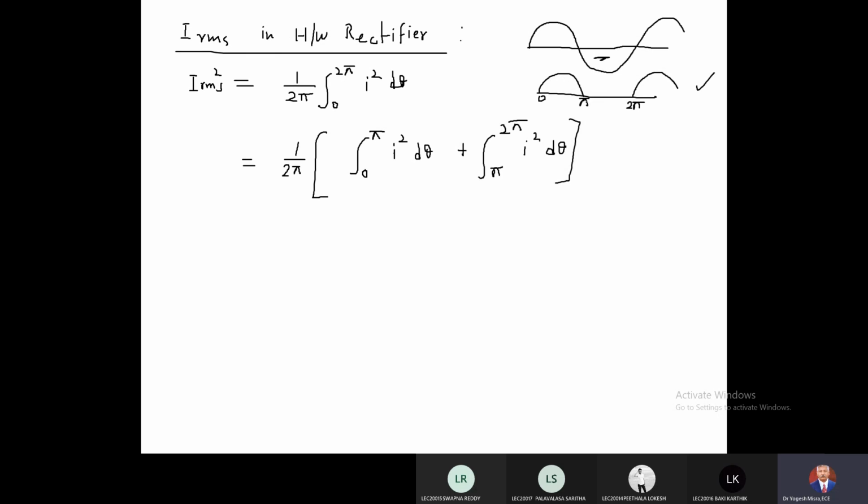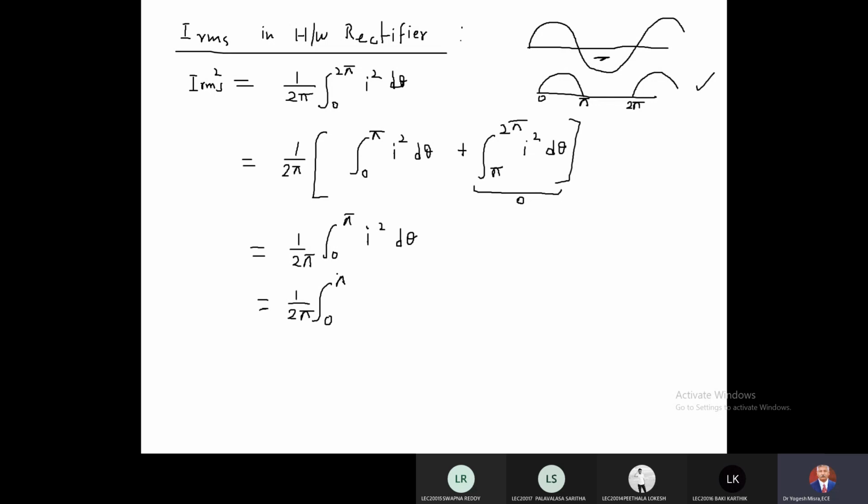So now you see between pi to 2 pi, the current is 0. So the term from pi to 2 pi of I square d theta will be 0. We will have only this term: 1 by 2 pi, integral from 0 to pi, I square d theta.